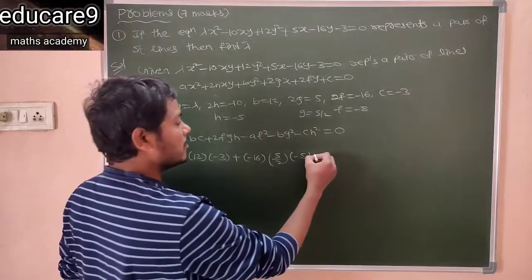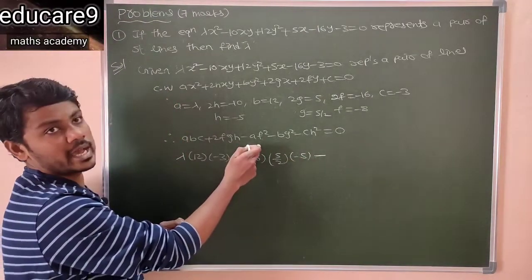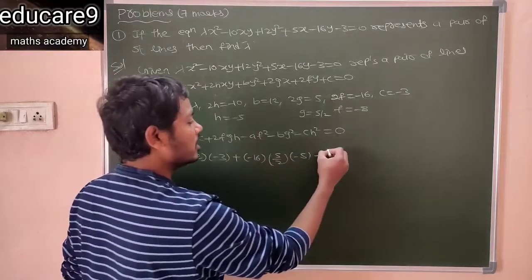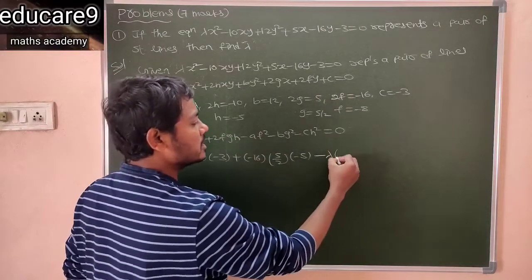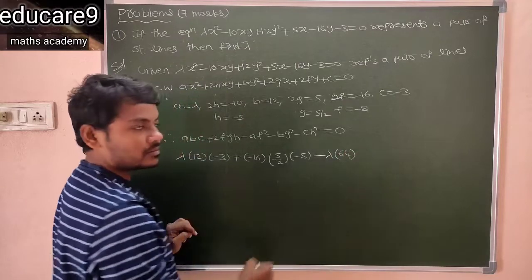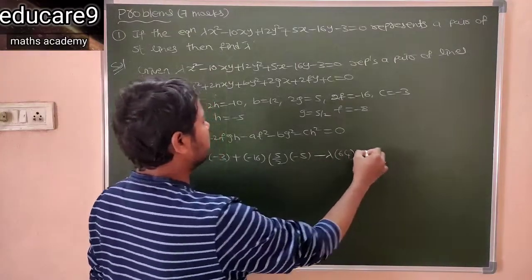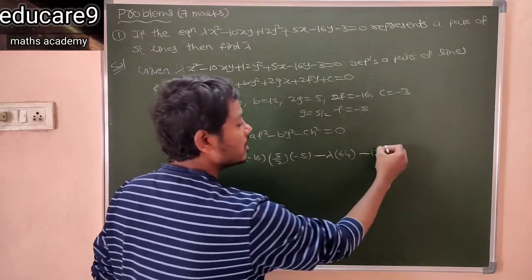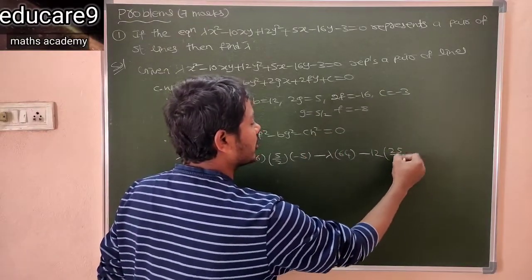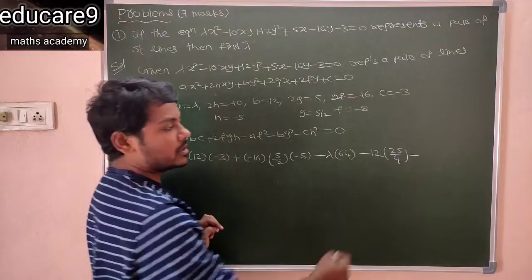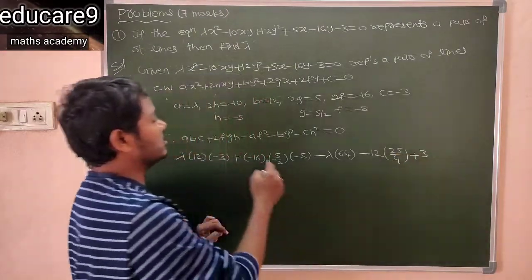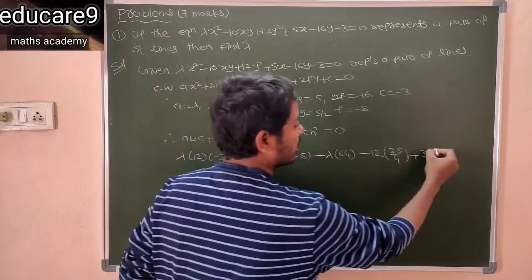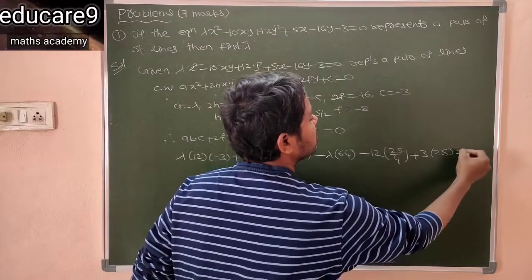So next, minus AF square, A is what? Lambda, F square, that is 64. Next, minus BG square, that is 12 into G square value, that is 25 by 4. Minus CH square, that is plus 3 into H square, minus 5 whole square, that is 25, equals 0.